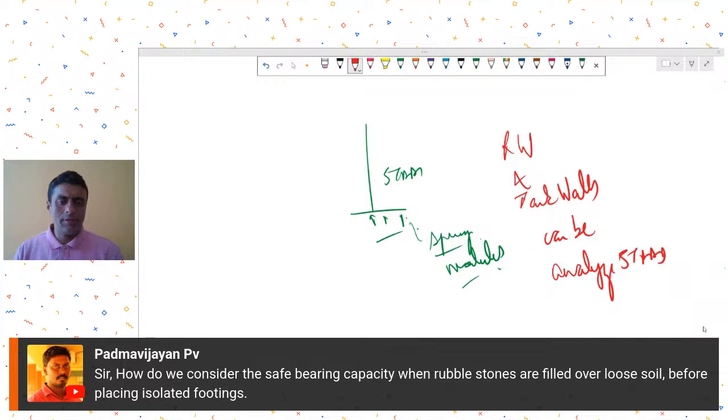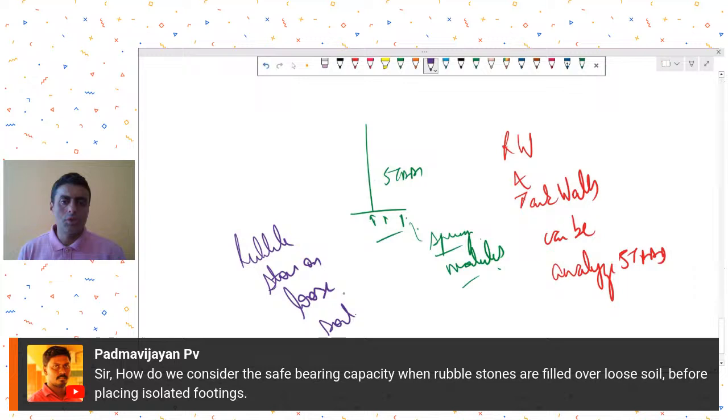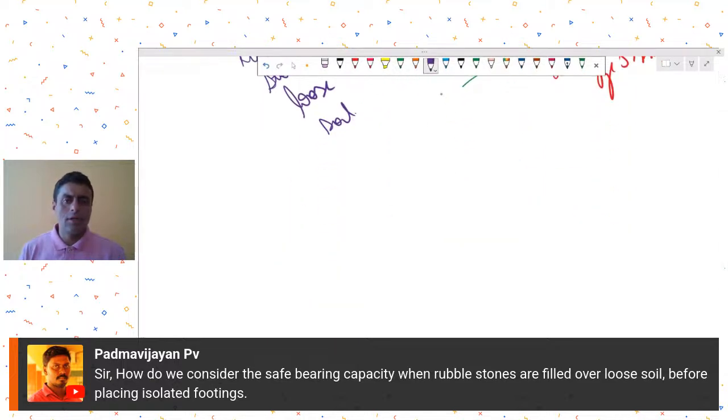Then engineer Padma Vijayan is asking, how do we consider the safe bearing capacity when rubble stones are filled over loose soil before placing isolated footings? If you are placing rubble stones, personally, you should find out the K value. How will you find out the K value? You conduct a CBR. If you have placed rubble stones on loose soil, then ideally you should conduct a CBR, and from that CBR you can find out the bearing capacity and K value.